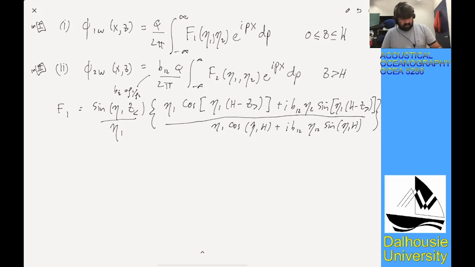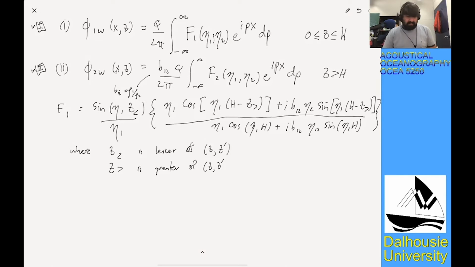And here, I have to use this little symbol, z less than or z greater than. You can see in the first term I have z less than. Z less than is the lesser of z and z prime. So it's just a condensed way of expressing whether you're above the source or below the source, because that changes algebraically what this f function looks like.